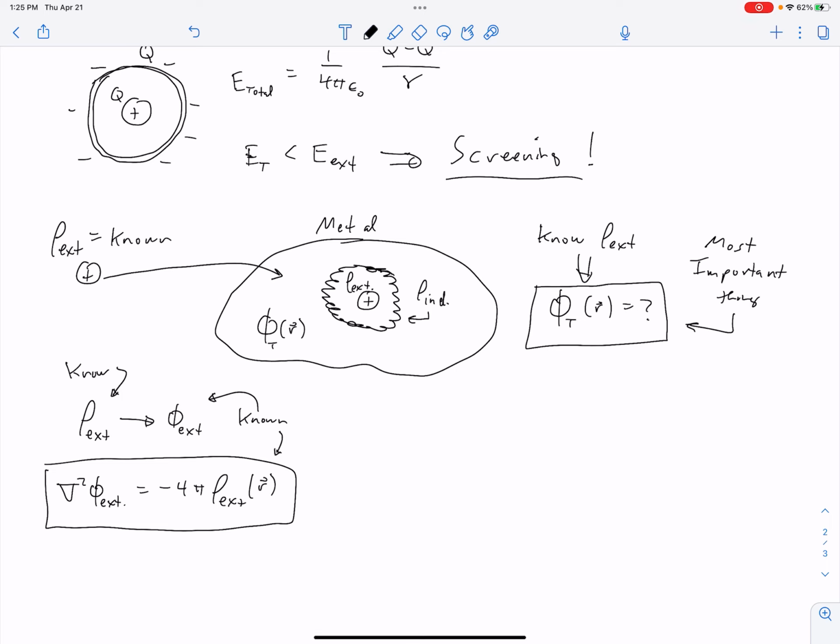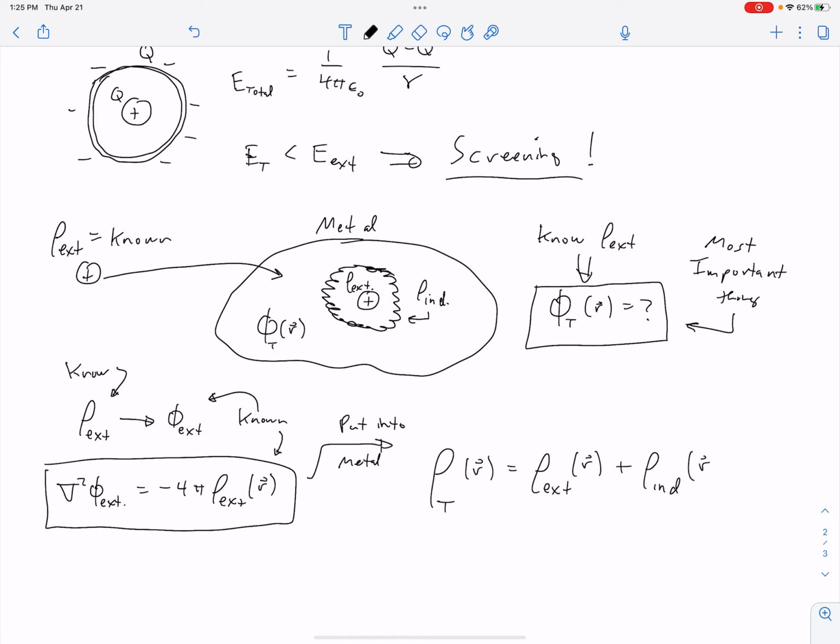But then when we put it into the metal, what happens is now the total rho in the metal is going to equal the external rho, the charge density that we placed in there, plus the induced.